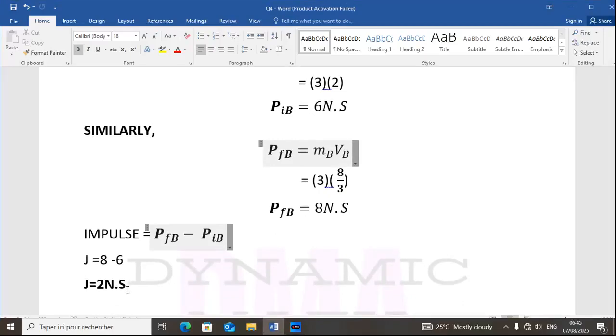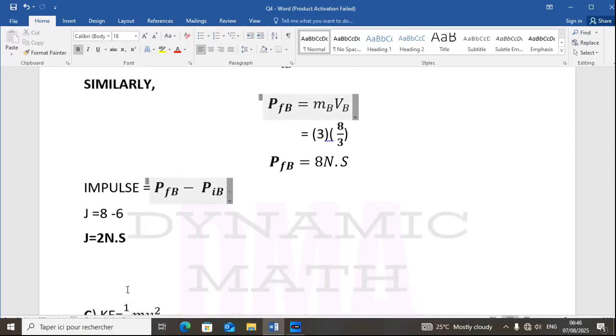So the impulse exerted by sphere A will simply be equal to 2 Newton second, or otherwise 2 kilogram meter per second if you don't want to use Newton second.